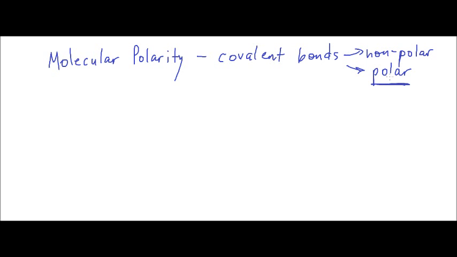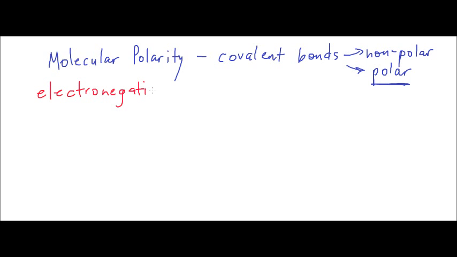Now, when dealing with covalent bonds in general, where you're trying to find the polarity of the molecule, it is important to be able to look at the periodic table and find numbers that refer to the electronegativity.